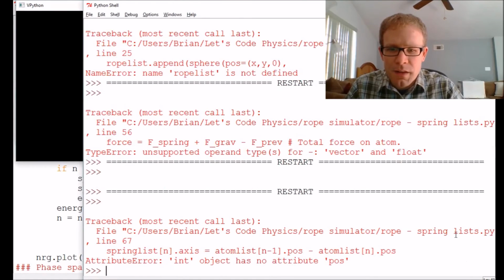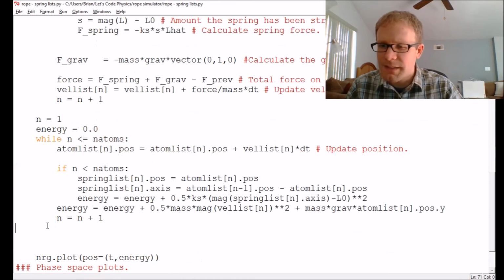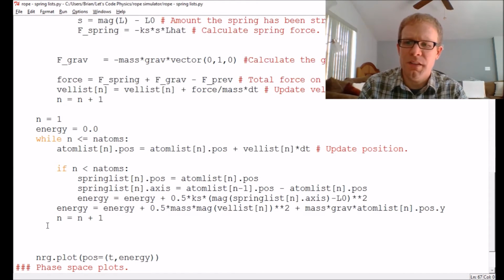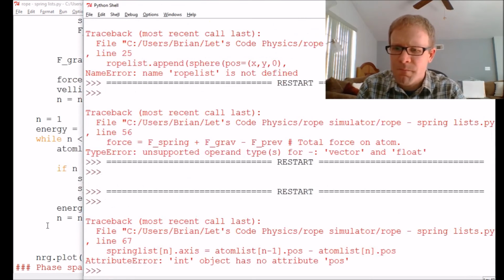Oops. Int object has no attribute pause. Line 67. Spring list of n.pause. Atom list of n.pause. Integer object has no attribute pause. I don't have any integers there.